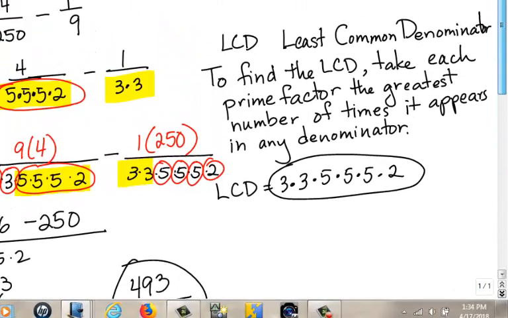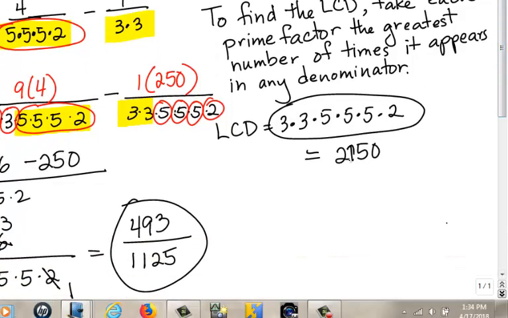Somebody take your calculator, take 15 times 250 times 9. What's that number? 33,750. Yeah. So this denominator, what did we say this was? 2,150, is that right? No, 2,250.